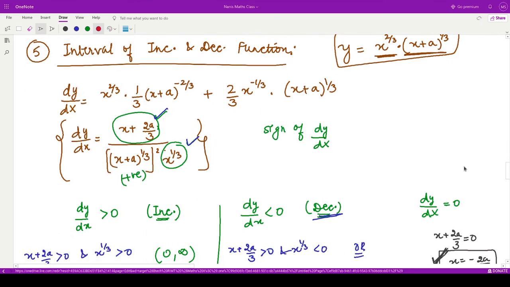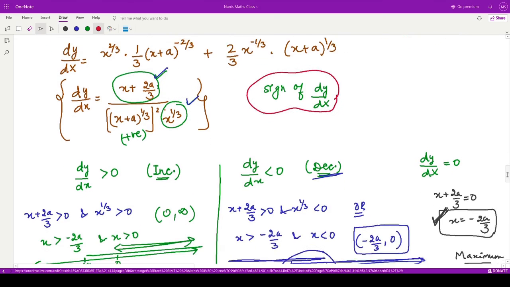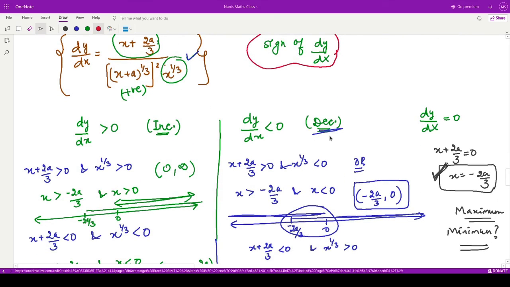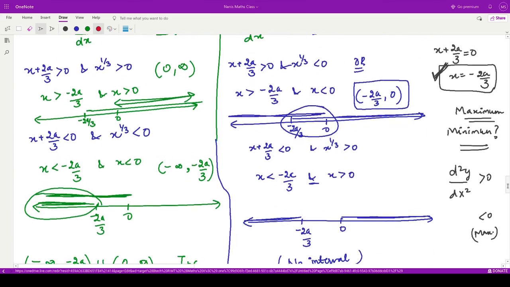Next, we saw the intervals for increasing and decreasing functions. For that, we differentiated our given curve with respect to x, and then we saw the sign of this derivative, and in which interval it is increasing and in which interval it is decreasing. So we found those intervals.